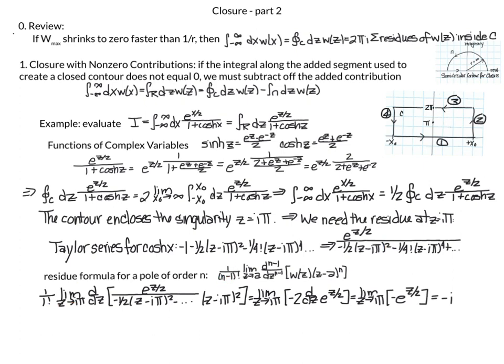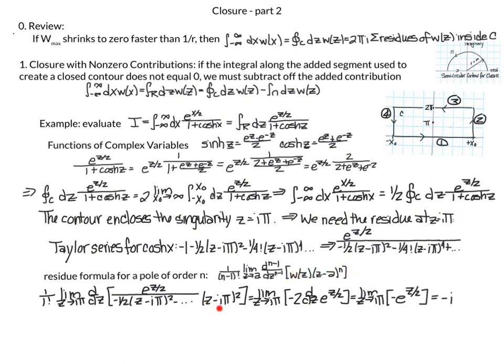Limit as z approaches my singularity at i pi. Since n is equal to 2, I only need the first derivative of e to the z over 2 over minus 1/2 (z minus i pi) squared. And then in my formula, I multiply by z minus the singularity to the n, for an nth order pole, in order to get rid of my singularity.